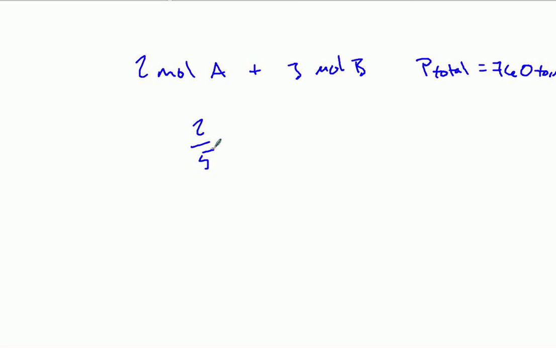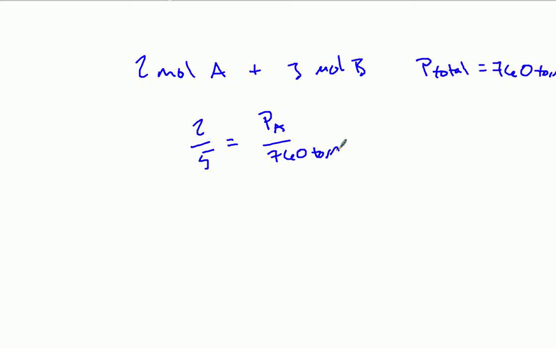And you can use that fraction now to set up a ratio if you want to. 2/5, right, your part over your total is going to be equal to some partial pressure, that pressure of A, because 2 came from A, over that total pressure, which happens to be 760 torr.